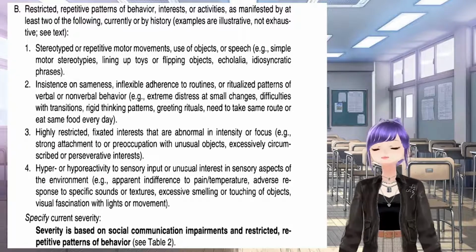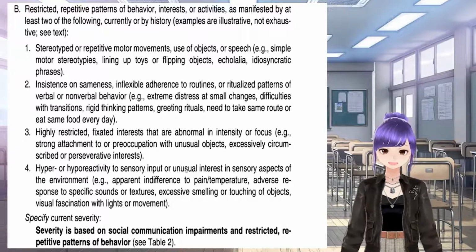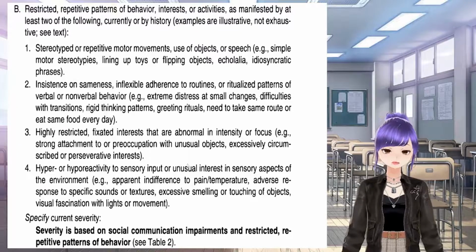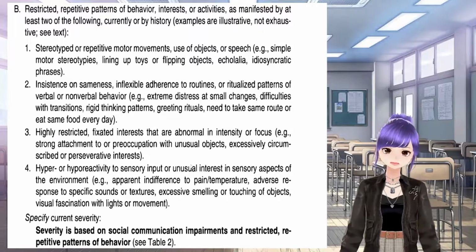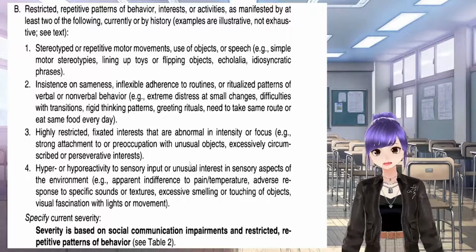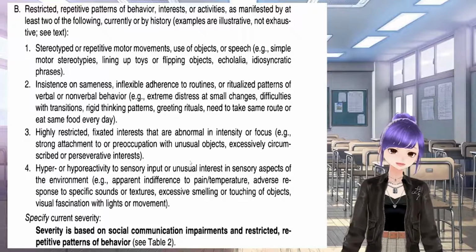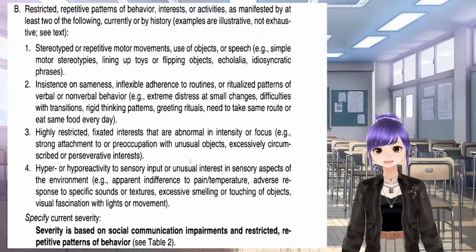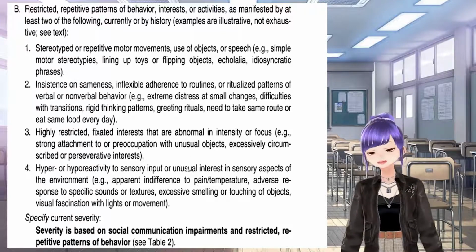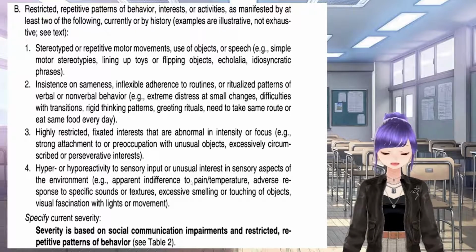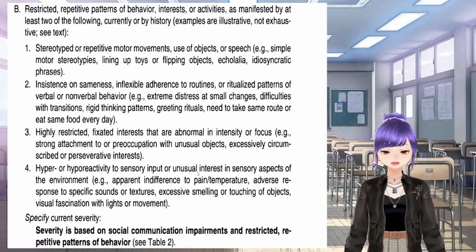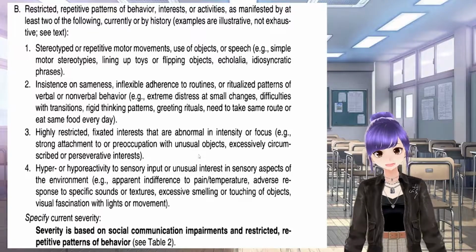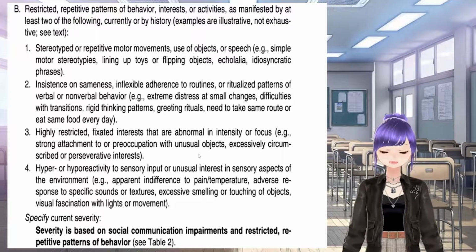Number two, insistence on sameness, inflexible adherence to routines, or ritualized patterns of verbal and/or nonverbal behavior. For example, extreme distress at small changes, difficulties with transitions, rigid thinking patterns, greeting rituals, need to take the same route or eat the same food every day. Number three, highly restricted, fixated interests that are abnormal in intensity or focus, for example, strong attachment to or preoccupation with unusual objects, excessive circumscribed or perseverative interests.